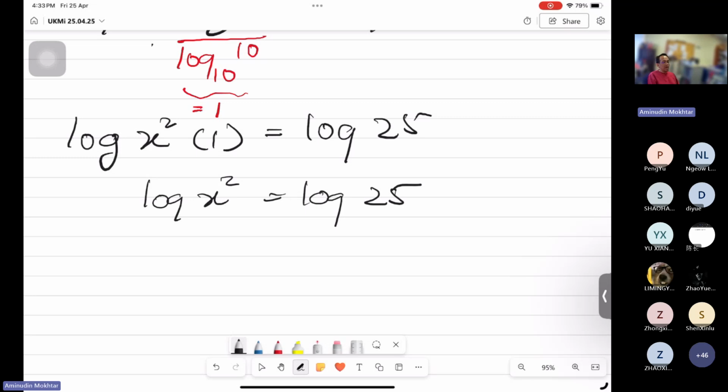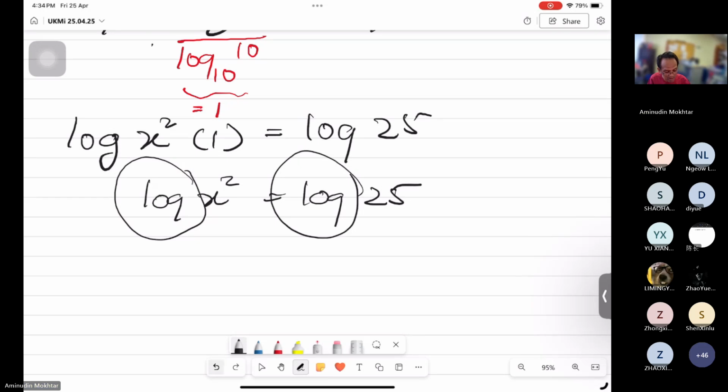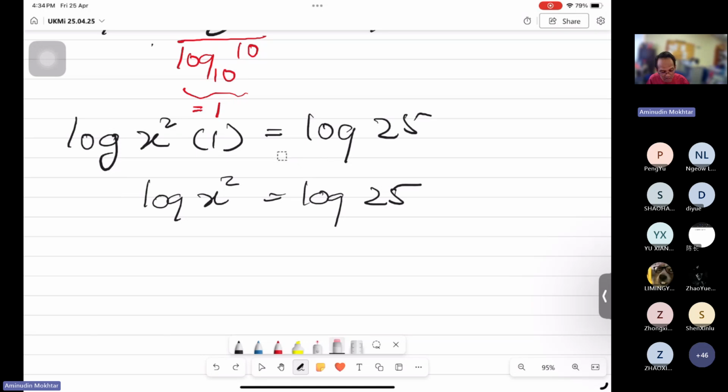In this case, we can solve this equation very easily because there are two logs, at the left and the right. Both of them are logs with the same base, so we can cancel them out.